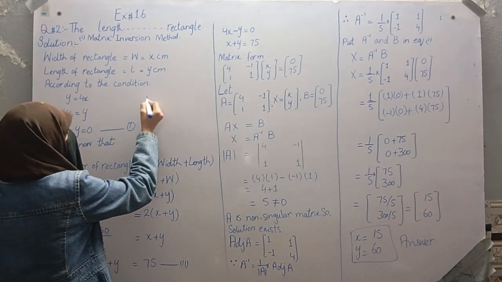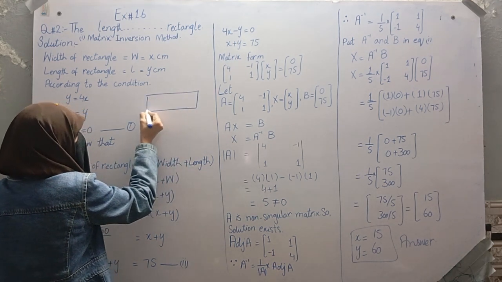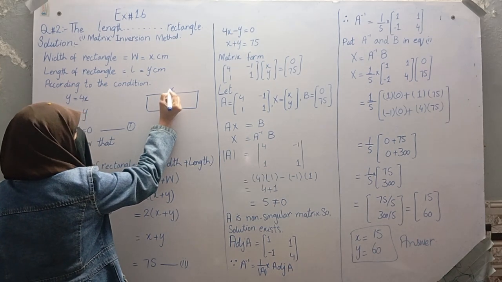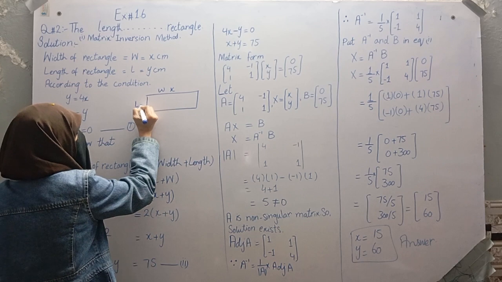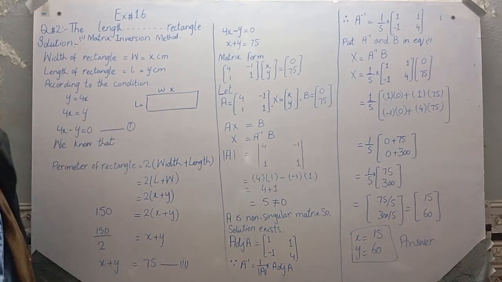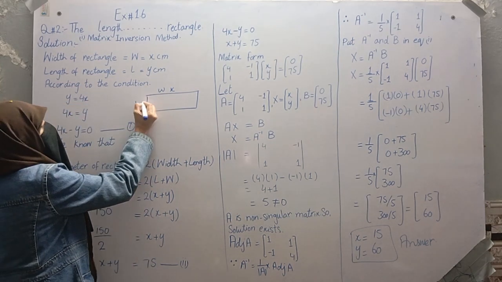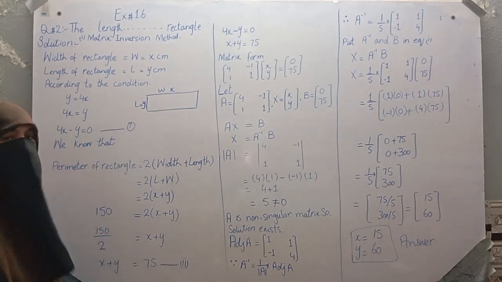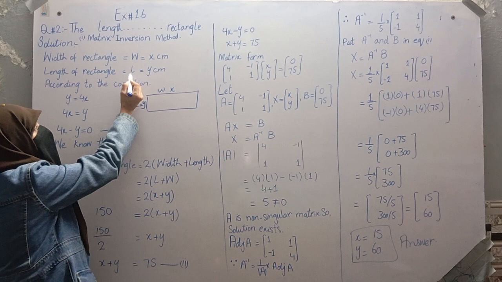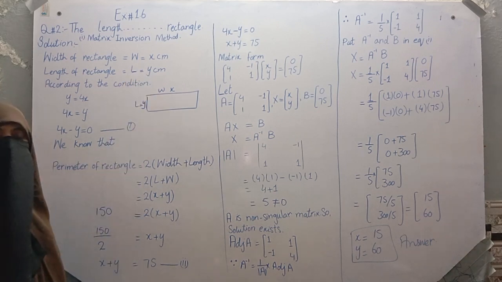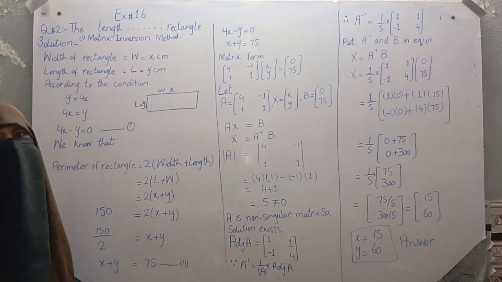Here you can see this is the rectangle, and this is x, the width, and this is the length. And length is equal to what? According to the statement, the length of the rectangle is L, and suppose L is equal to y centimeters.